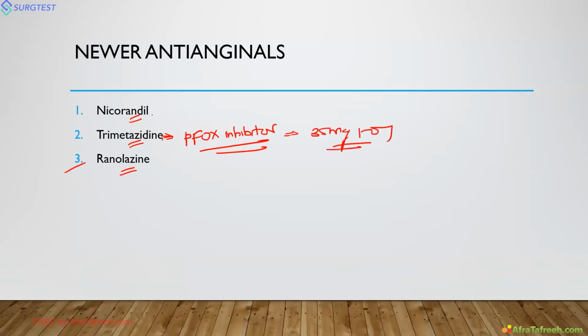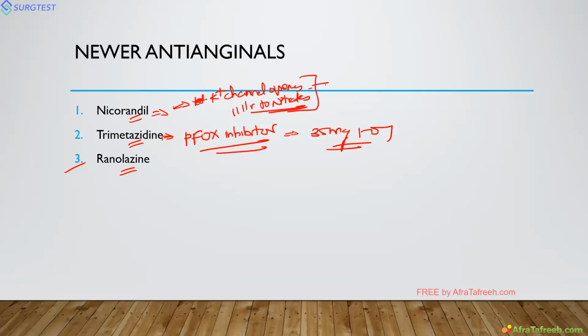Next is nicorandil. Nicorandil has two mechanisms of action. One is that it is a potassium channel opener. Another mechanism is similar to nitrates. So in this, there is less hypotension.